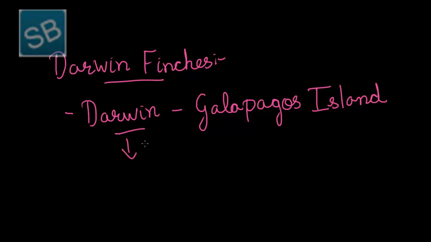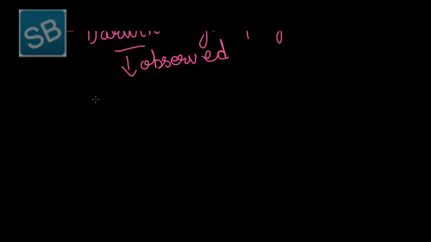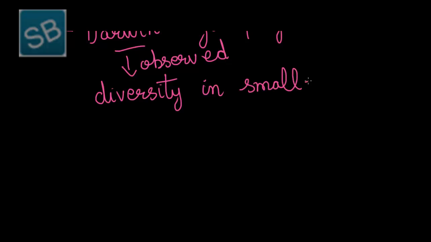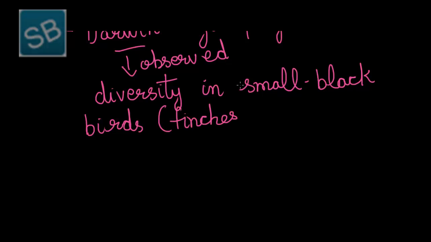On this island, Darwin observed diversity in various bird-like creatures which he called finches. These birds were small and black in color, and such birds were called finches, which later on he termed Darwin's finches.